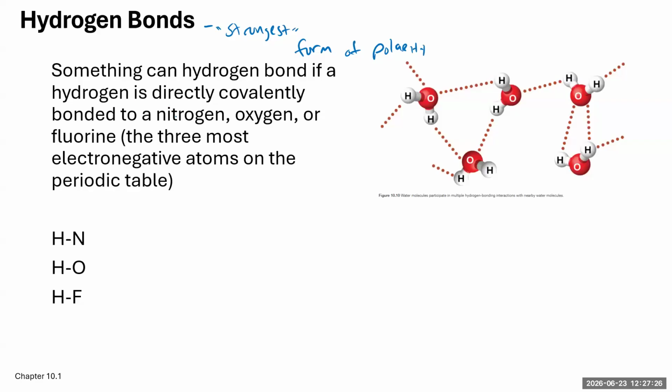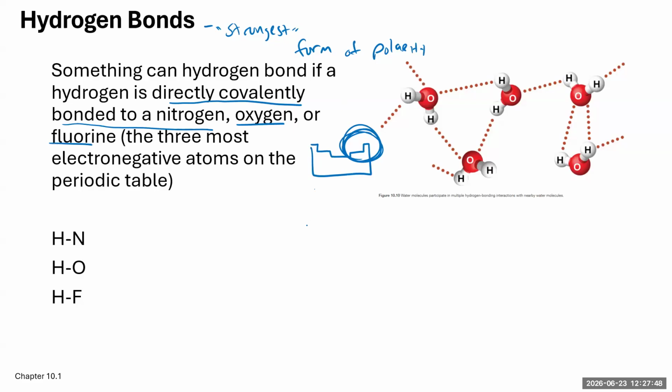Something can hydrogen bond if a hydrogen is directly covalently bonded to a nitrogen, oxygen, or fluorine. And if you look on the periodic table, those electronegativities are way up here, right? So they're the three most electronegative atoms on the periodic table.